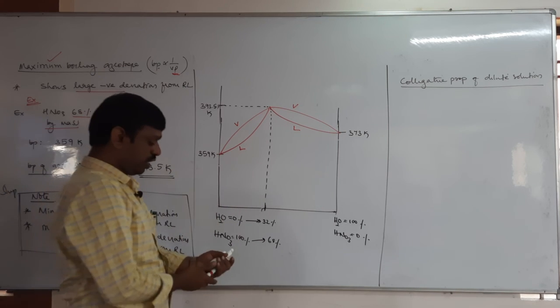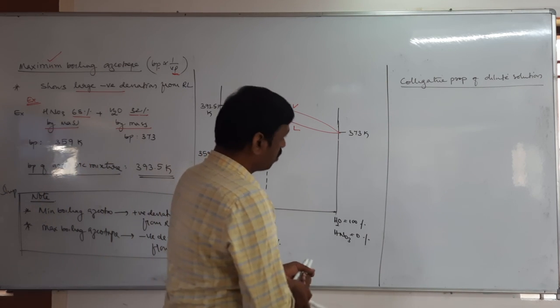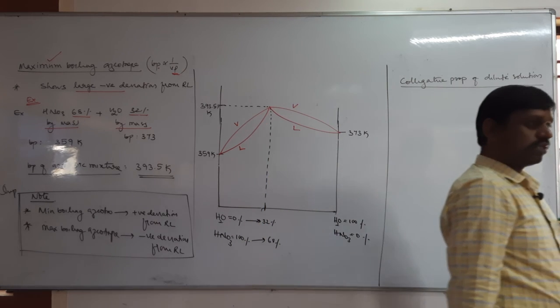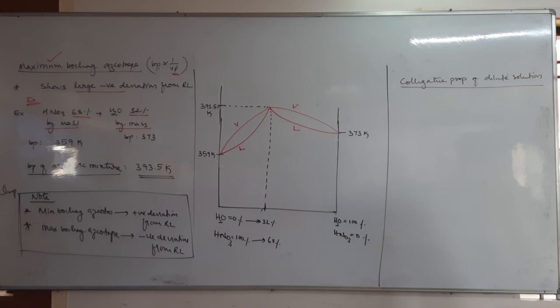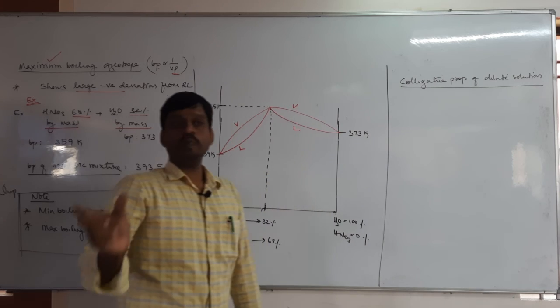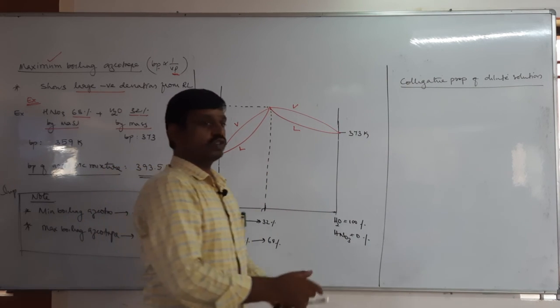First, let's see what the colligative properties are. Tell me anybody, what are the colligative properties? Yes, the properties which depend on the number of solute particles or concentration of solute particles, but not the nature of solvent, of course nature of solute, are called colligative properties. So remember, colligative properties only depend on the number of solute particles or concentration of solute particles.